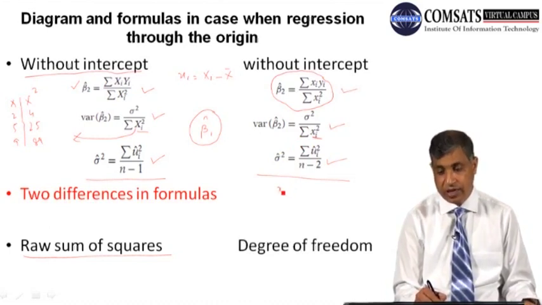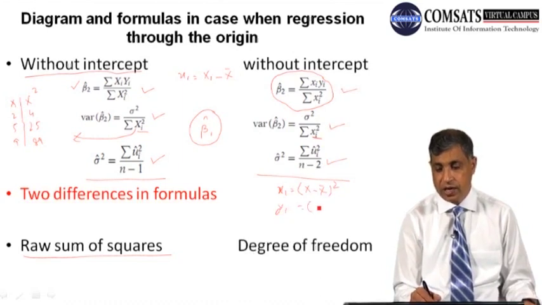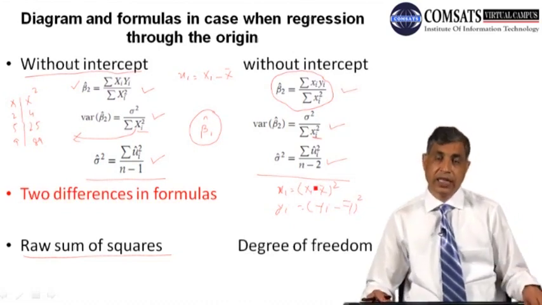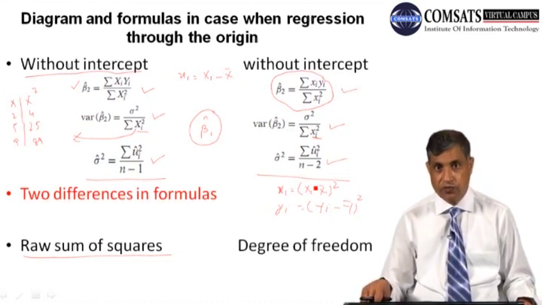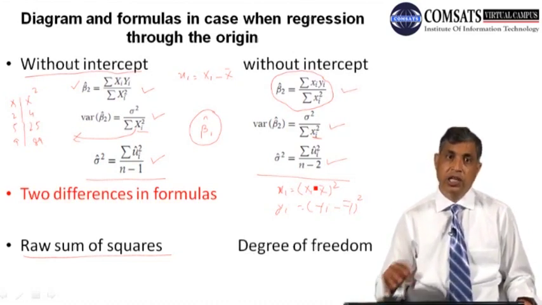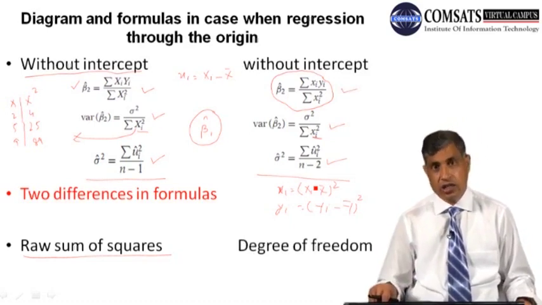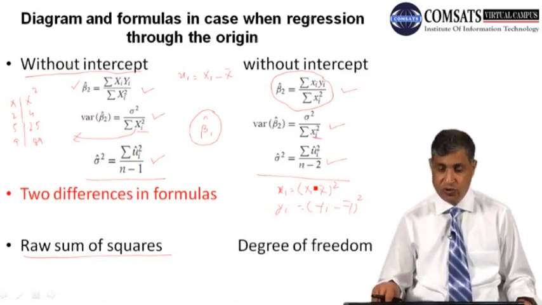For example, this is small xi, and it is x minus x bar squared. And if I take small yi, it is simply yi minus y bar squared. So the first difference was that in the regression without intercept, we calculate the raw sum of squares. On the other side, we take the deviation from the mean.